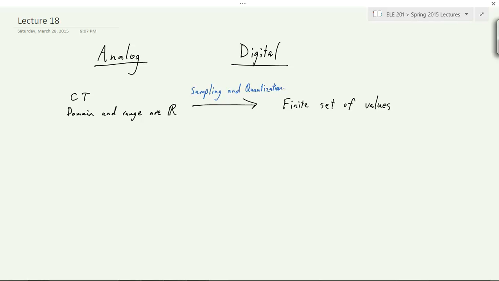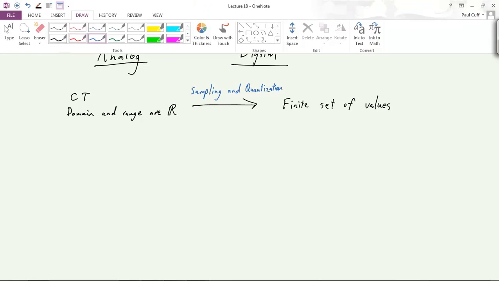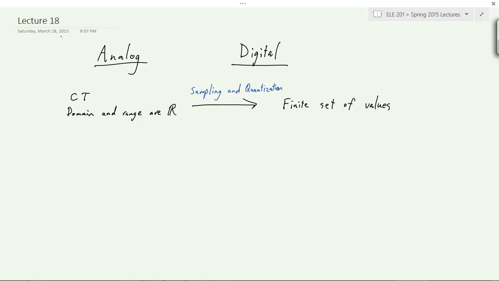Okay, so consider the following block diagram. In comes some signal, some function of time. So this will be an implementation of going from analog to digital.